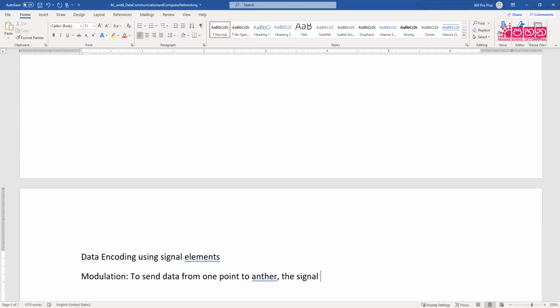The signal, so we have what we call the modulated signal, attached with a higher frequency signal.